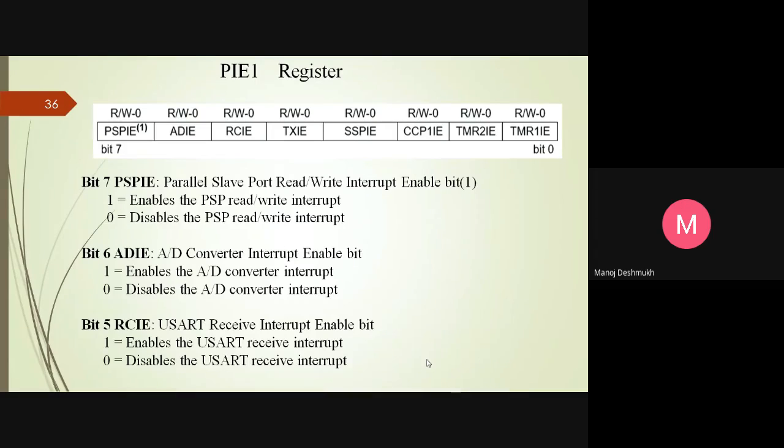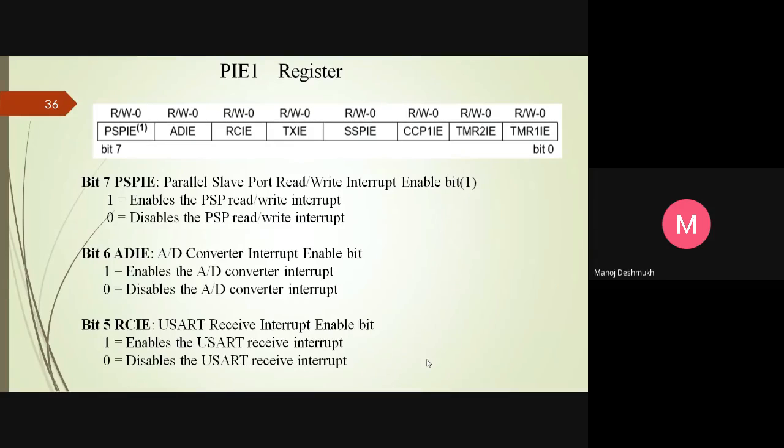The bit or peripheral positions remain the same. The only difference is that in the PIE register, we are able to enable or disable the particular interrupt, and in the PIR register, we are able to detect whether the interrupt has occurred or not. So instead of IE, the next registers carry IR: PIE is converted into PIR1 and PIR2.